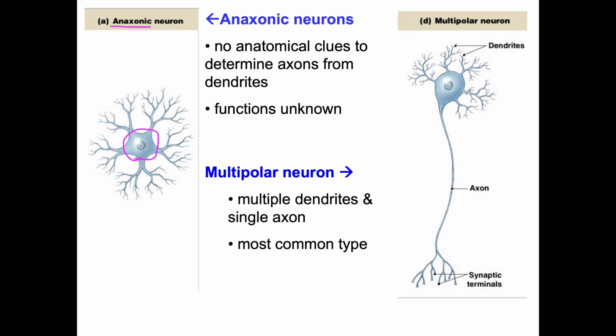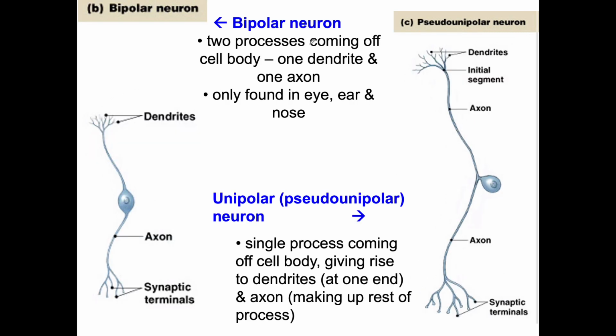Multipolar neurons, these ones are the most common. Again, here's your cell body. You have several extensions coming out of them, whether they're dendrites or axons. This is called a multipolar neuron because it has multiple extensions coming out of them. Bipolar neuron. Bi means two. Cell body, we have 1 and 2 extensions from it.